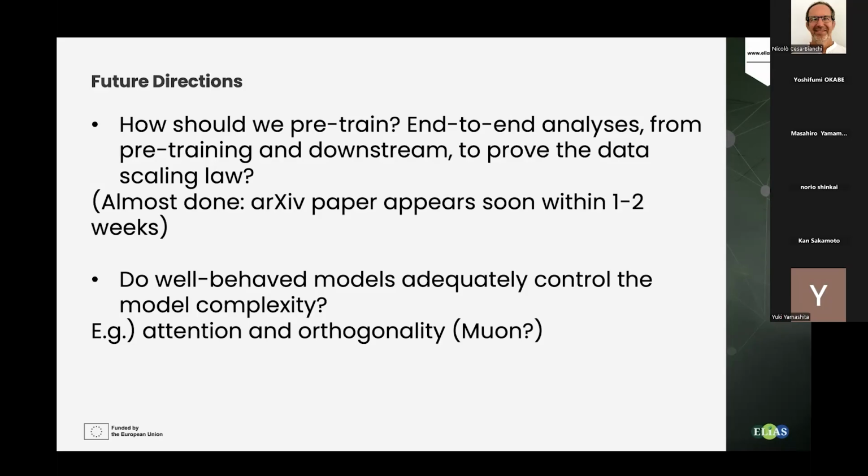Combining these with this kind of analysis to show provable data scaling can be an interesting future direction. Okay, thank you. That's all for my talk.